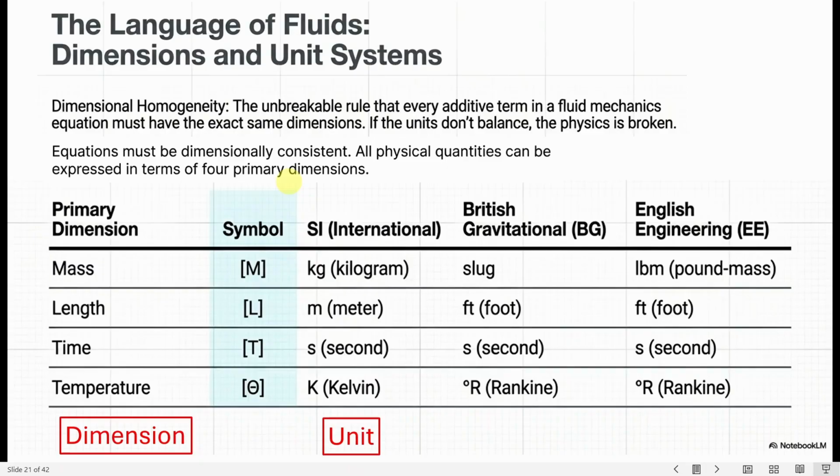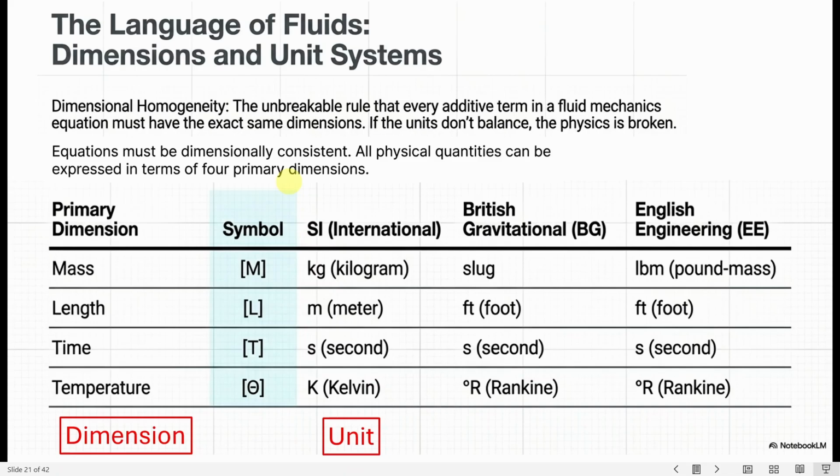We are not going to talk about the historical context of how these systems were developed. It's not really important to us, but we need to know that when we are doing any calculation, we need to look at the units, and use the proper system.